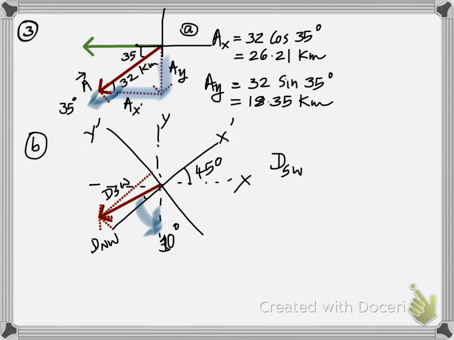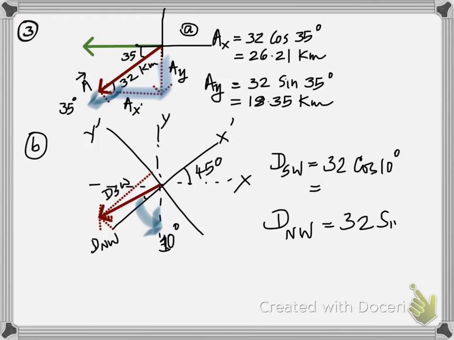You find the components, you get the southwest, it's 32 cos 10, which is, well, yes, I'm sure I calculated after writing this down, because distance northwest would be 32 sine 10. That's kind of slow now, okay. So you get the first one is 31.51 kilometer and the second one is 5.56 kilometer.